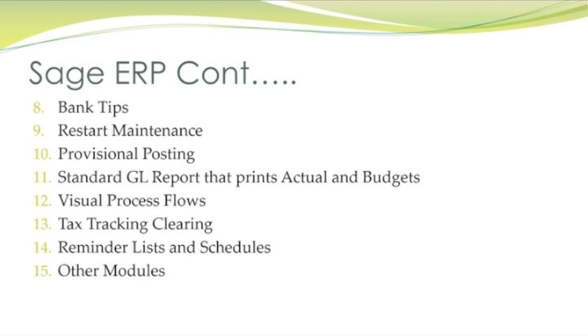We'll talk about the provisional posting in the GL, have a look at a report in the GL, and have a quick brief look at the visual process flows that have been available since version 6 of ERP now. We'll touch on tax tracking and reminder list schedules, and then I just want to finish up with a few facts about some other modules.